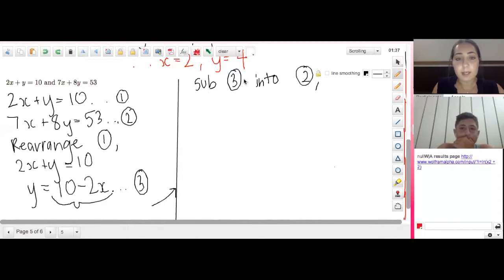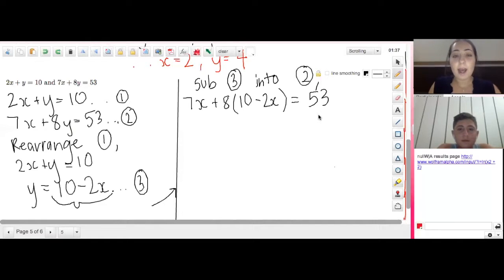So what that means is rewriting equation 2, but instead of writing the y, we're going to replace that value with the value of 10 minus 2x, which we got from equation 1. So now we have 7x plus 8 lots of y, and y is 10 minus 2x equals 53. And now that we've reduced it down to one variable, we can solve this like a normal equation.